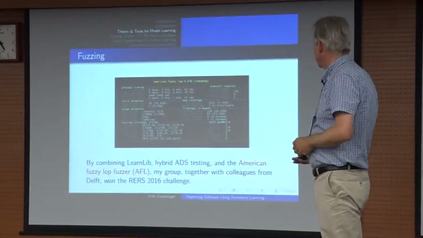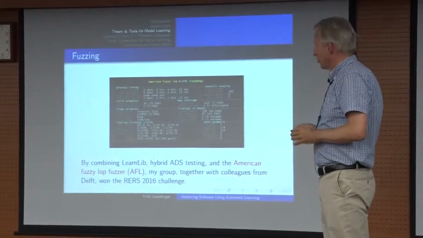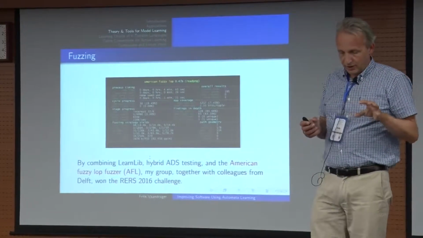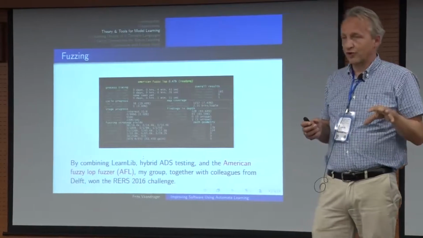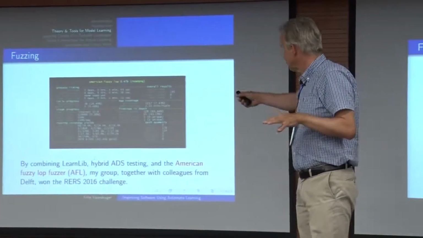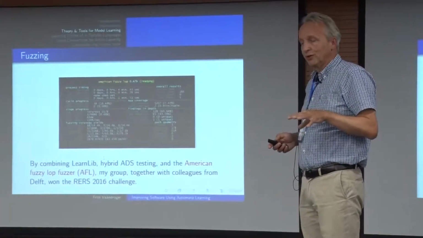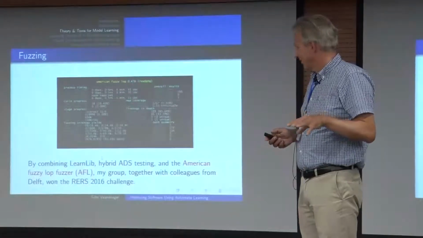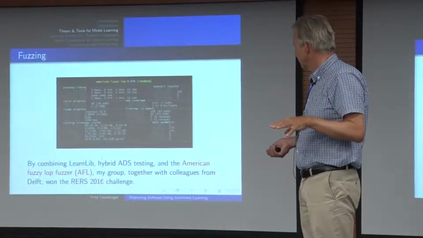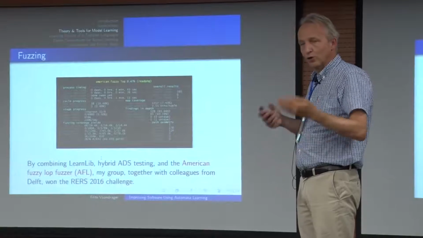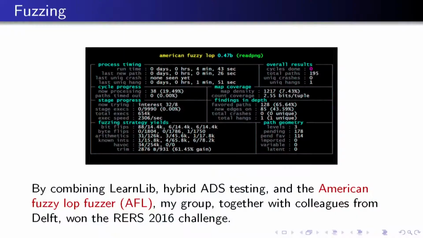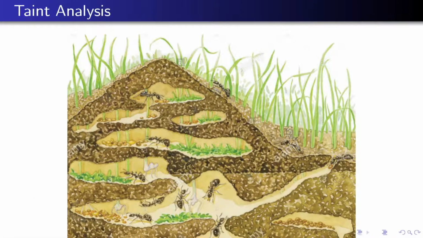So using a combination of existing conformance testing algorithms and this Fuzzy Lop tool, we were able to win a competition in 2016 where the goal was to learn complicated state machines. Which is very natural because we get good counterexamples. But yeah, we want to go further.